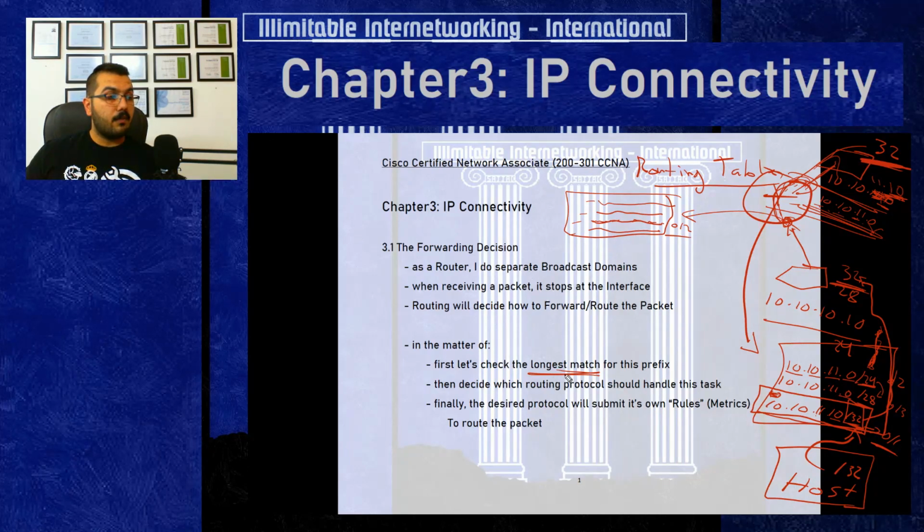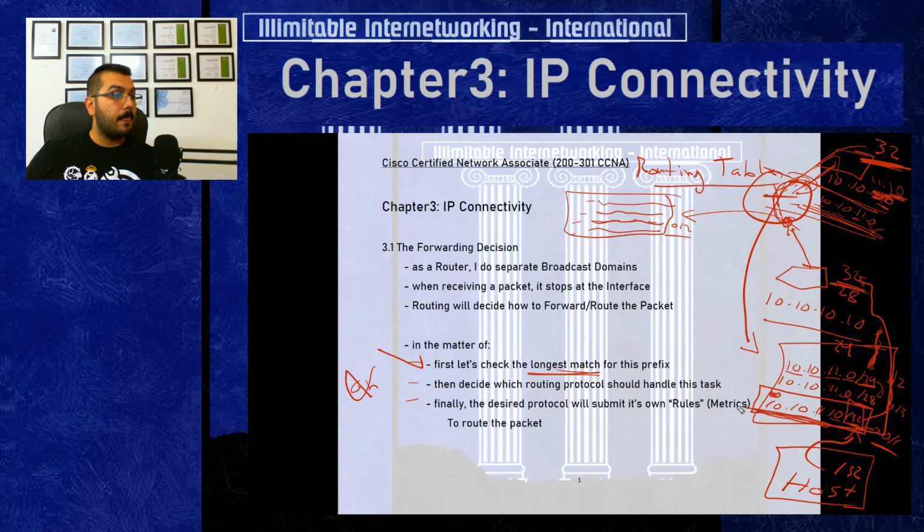So this is the first thing to check. All these steps will be applied gradually and step by step for each specific route. This is the first check in the procedure: I must check the longest match that I will take.